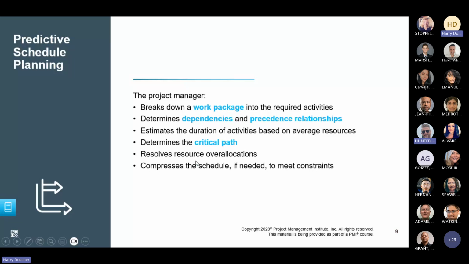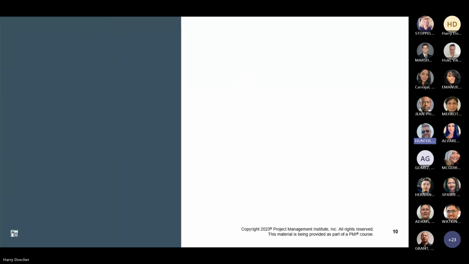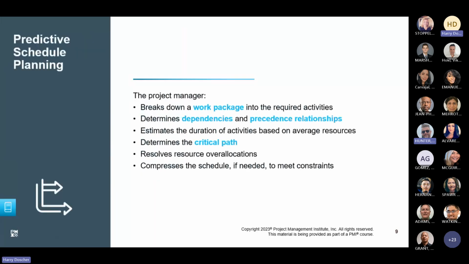If there are resource over-allocations, you know, if you've got one crane and you've got two places where you have to use it, perhaps you can rent a crane or sequence the activities in order to take advantage of when the crane's needed at various places. Okay.